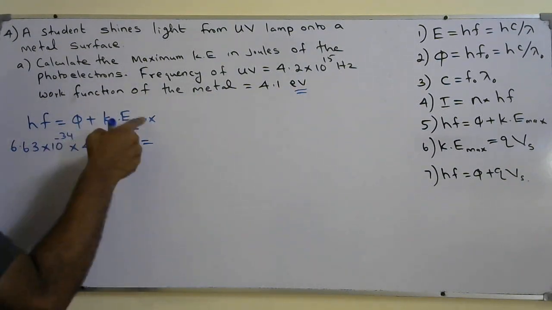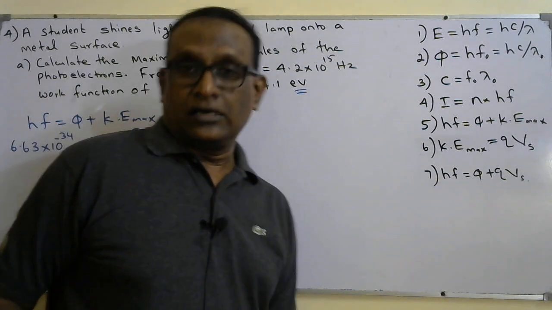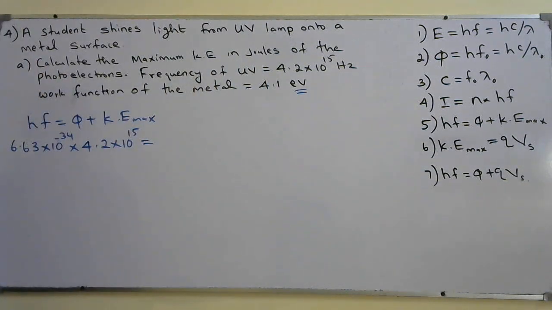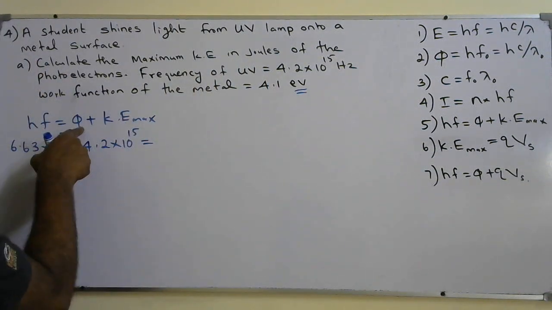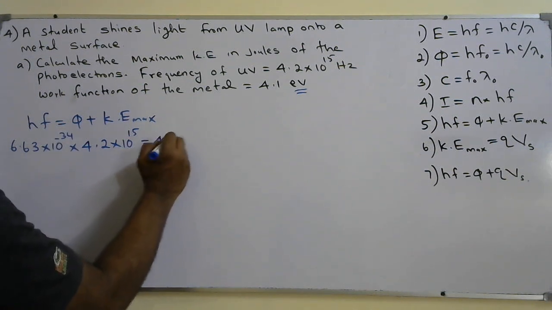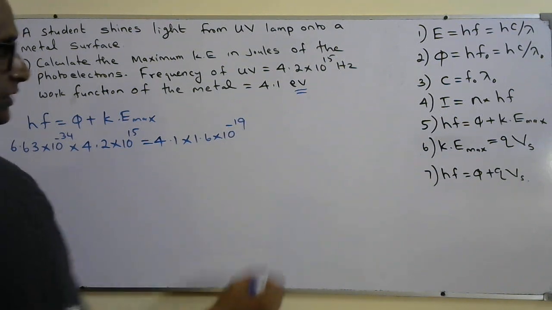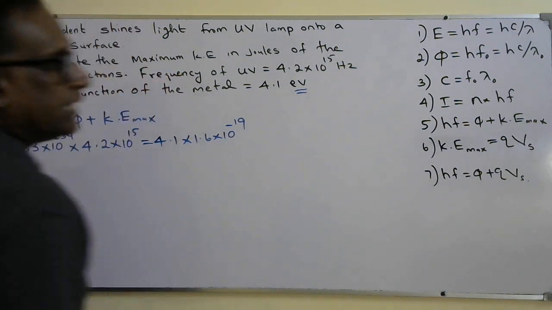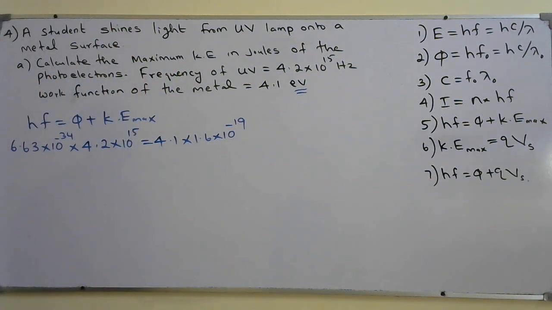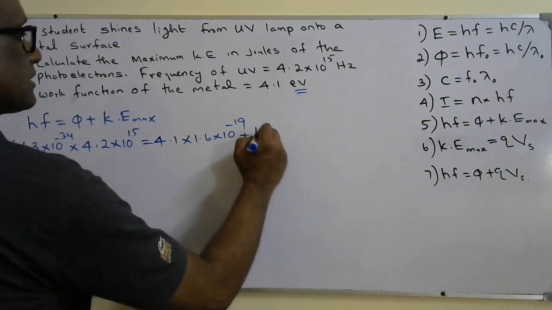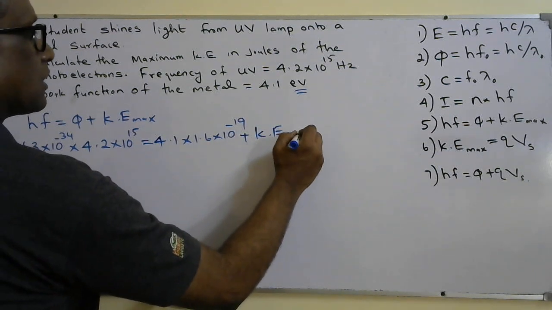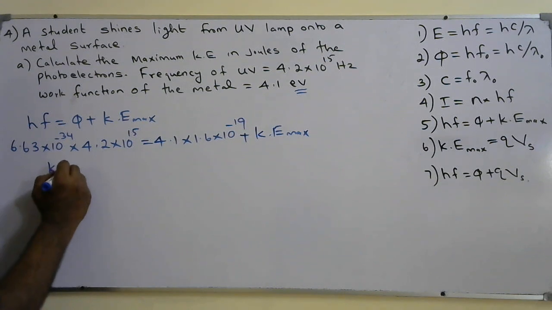Careful, when you are using KE max, it must be half mv max squared. If they ask you to find the kinetic energy in joules, you have to convert this to joules. So 4.1 into 1.6 into 10 to the power minus 19. Conversion of electron volt to joule is multiplying by 1.6 into 10 to the minus 19, plus KE max. Solve it, you will get the KE max in joules.